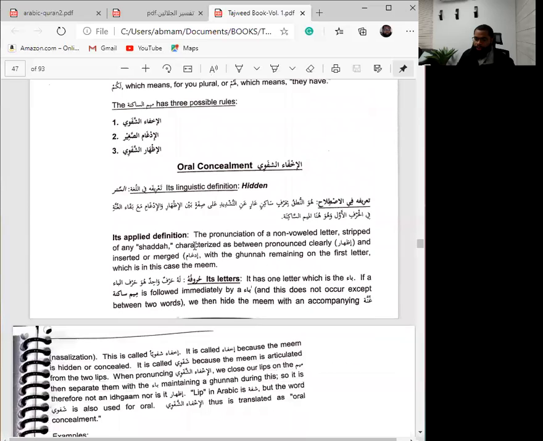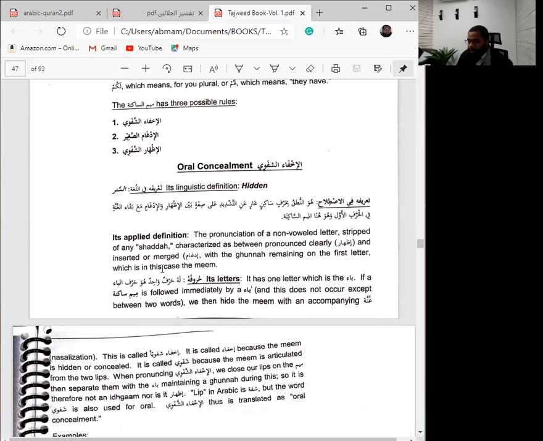The applied definition is the pronunciation of a non-voweled letter stripped of any shadda, characterized as between pronounced clearly and merged, idgham, with the ghunna remaining on the first letter, which is in this case the meem. So the first ruling is ikhfa.